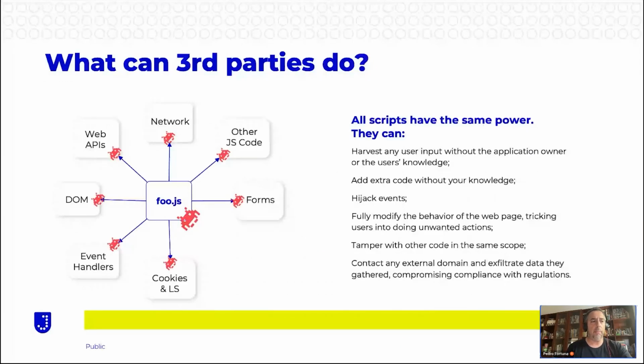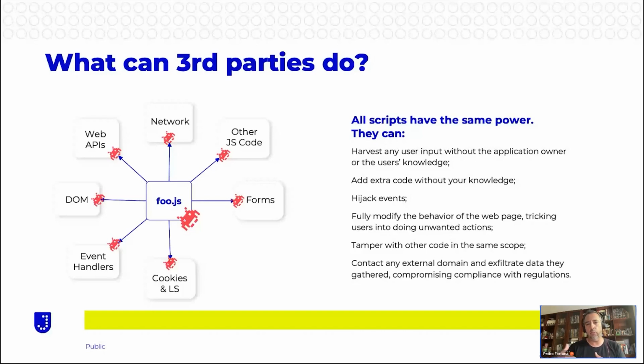So that means that we have to live in a world where third-party scripts are able to, without our knowledge necessarily, harvest any user inputs from the interface, from forms, without the application owner's knowledge or even the user's knowledge and consent. They can pull more scripts, like fourth-party scripts.